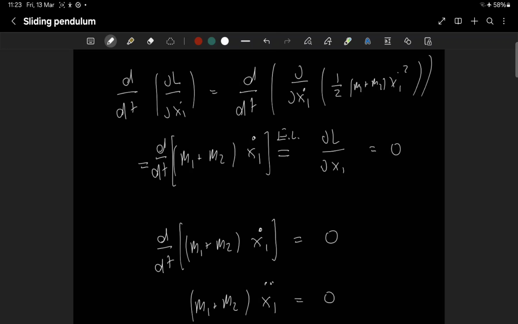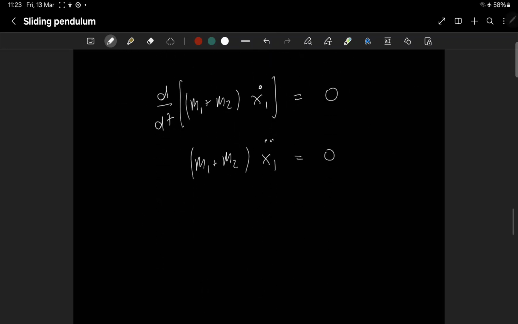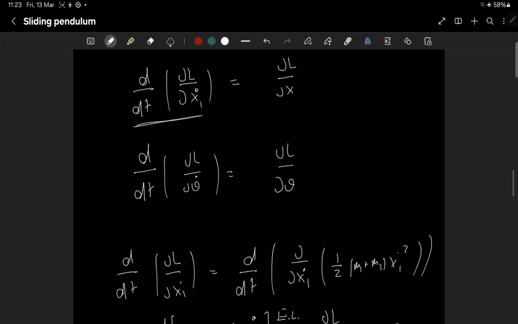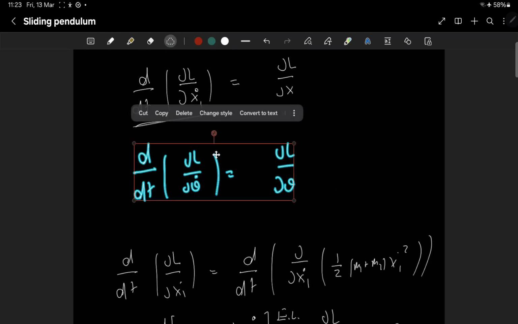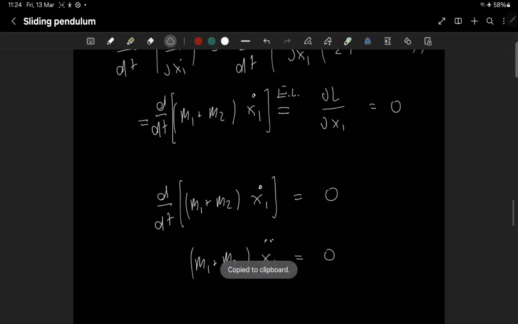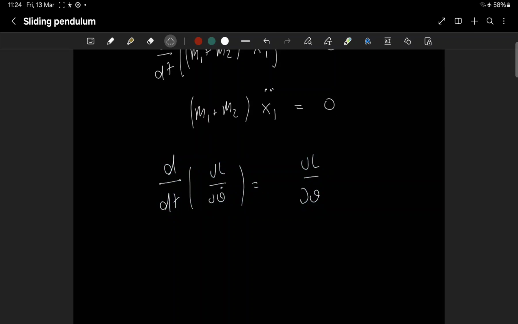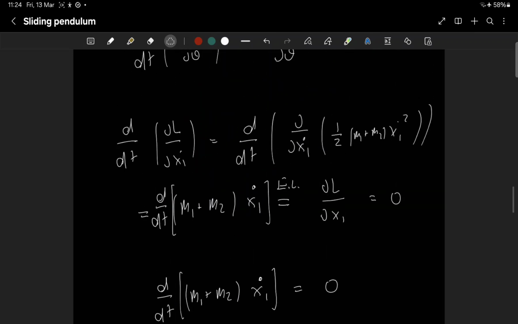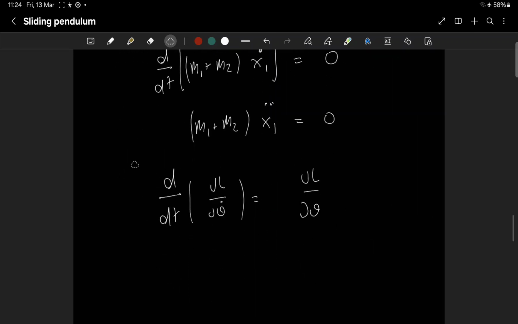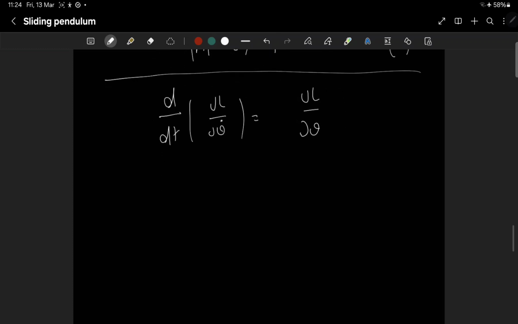The second Euler-Lagrange equation is basically, let us copy this from here, and we insert it over here, right? So let us call this equation 1, and then we have, so let us calculate d by dt partial L by partial theta dot.